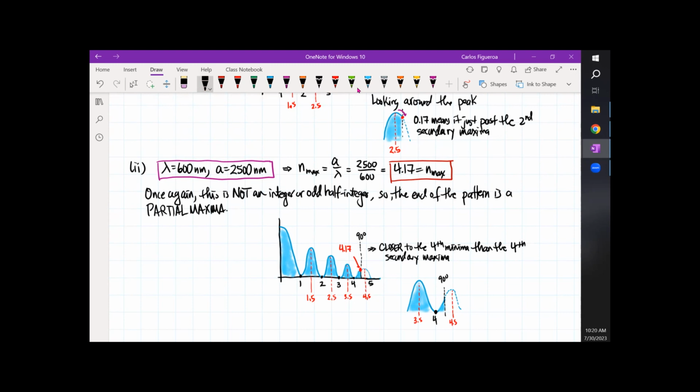So when I look at this little tiny peak, that little tiny dot right there, this is 0.17, which means it's just past the fourth minima.